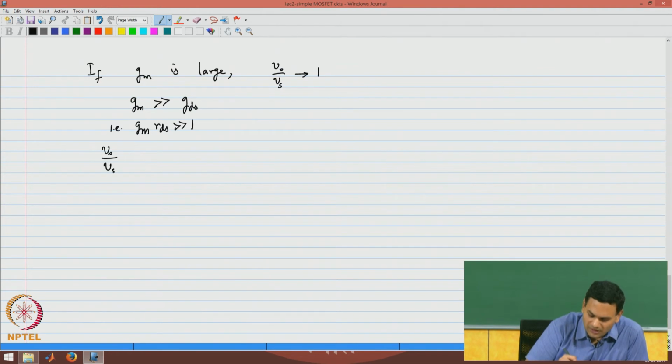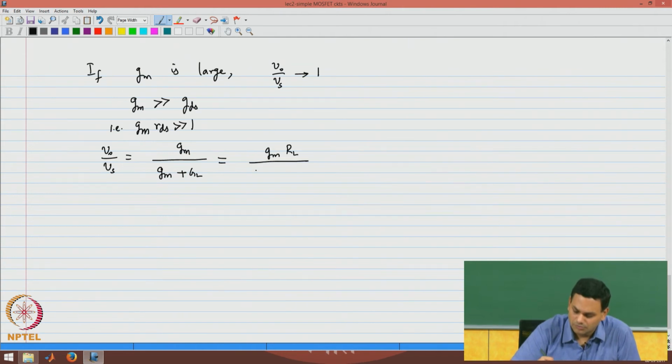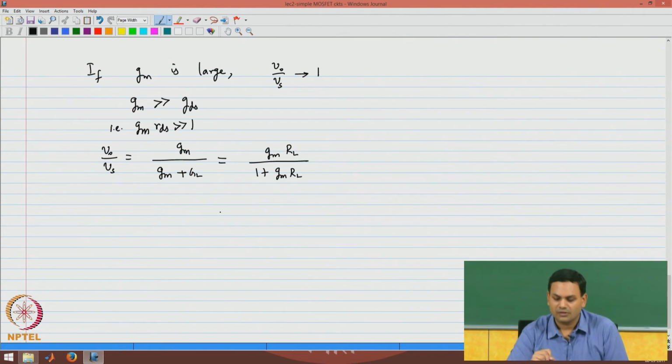So, now I will write the gain like this, but now I can substitute for GL to be 1 by RL, and now this tells you what GM means.